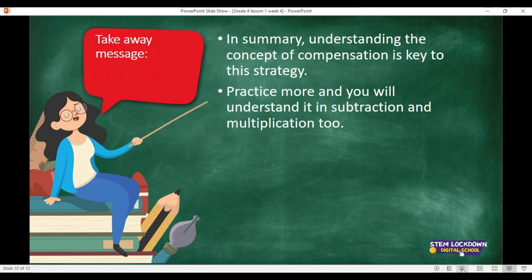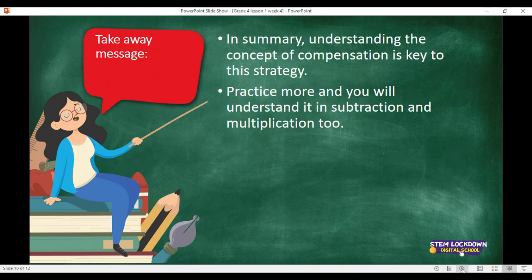So in summary, understanding the concept of compensation is key to this strategy of addition. The fortunate part is that when you come to multiplication, you're still going to do rounding off and compensation. So if you understand it now, you're going to prosper on your other strategies.